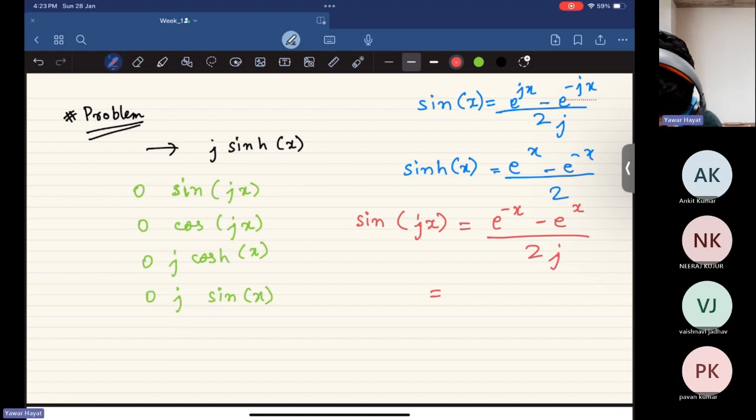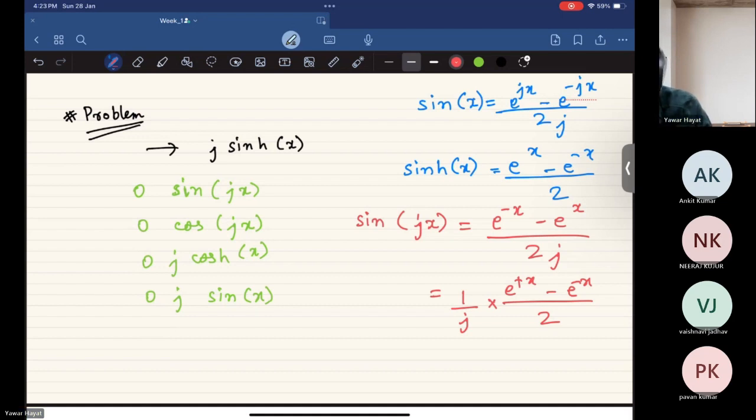This you can write as e power minus x minus e power x whole divided by 2. Sorry, I interchanged the sign, right? This is e power x minus e power minus x whole divided by 2.